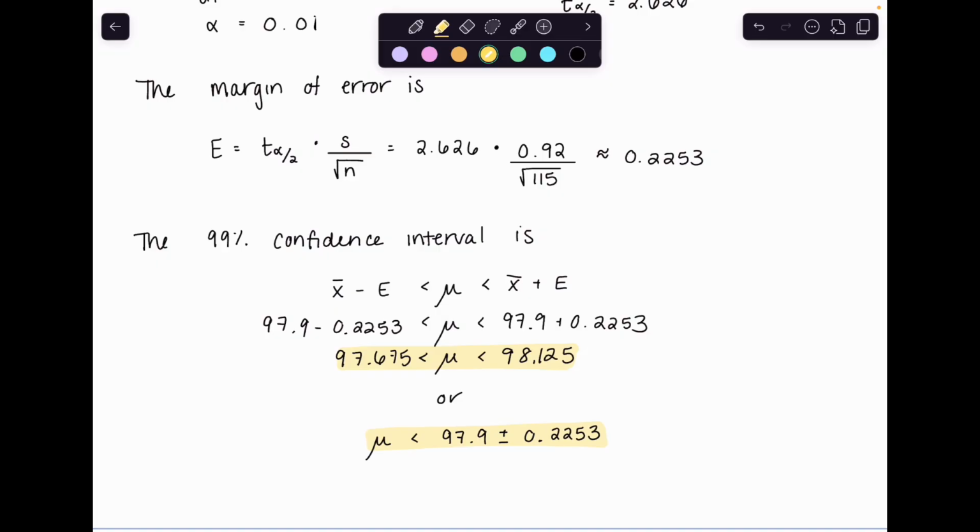It'll give you an upper bound and lower bound, or it'll tell you to put it in this form. And then on any given written test, really doesn't matter which one you use. So the last thing we're gonna do is try to figure out what sample size do we need to make sure our population mean is within a certain margin of error that we want.